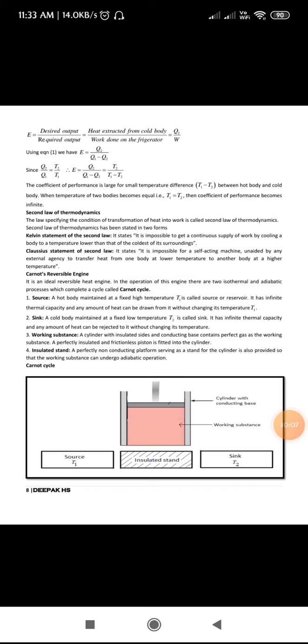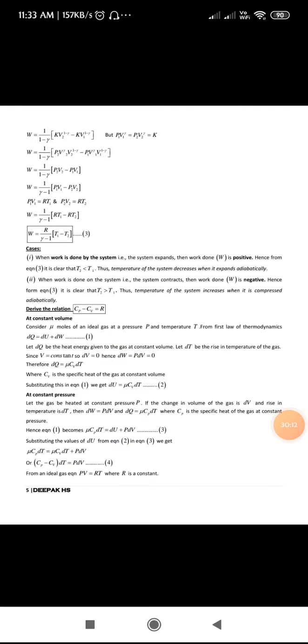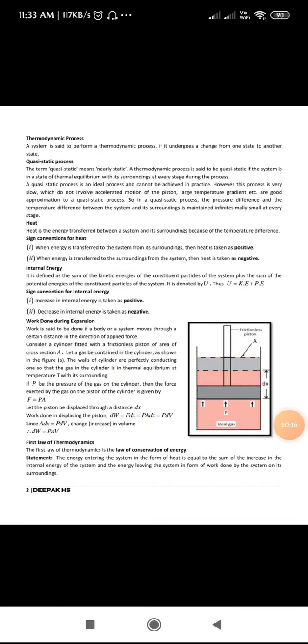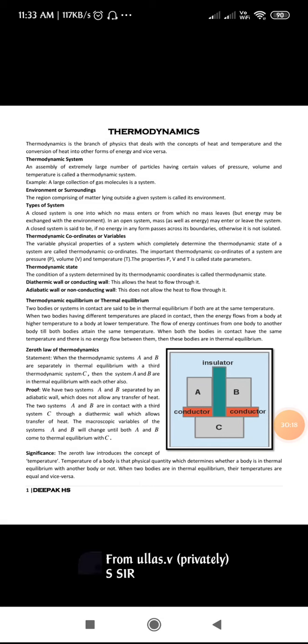Okay, fine. In case you have any doubts regarding any of the topics from this chapter, you can get it clarified. So we have completed this thermodynamics chapter theory part, and we are left with the numericals.